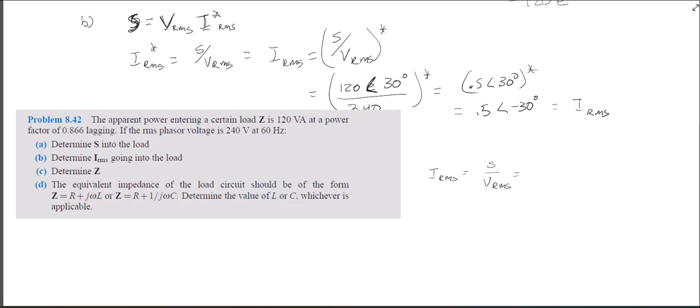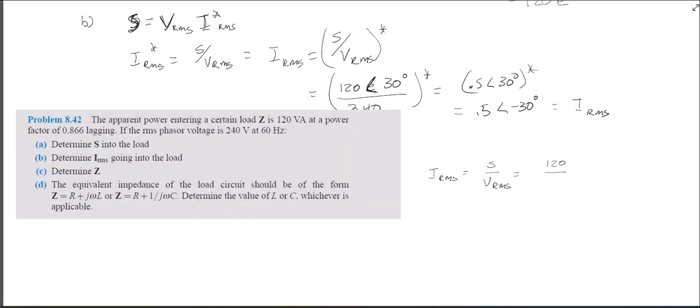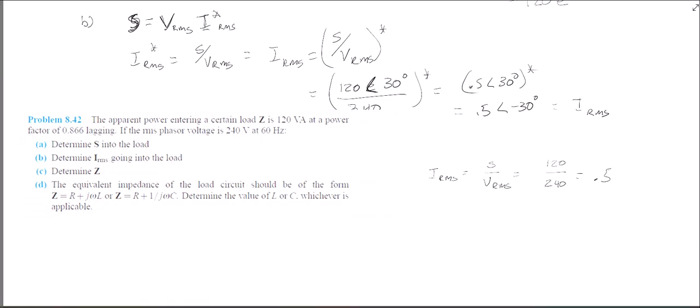And again, I'm not looking at the angles, just the magnitudes. And S was 120, and V is 240, and so that gets me 0.5.